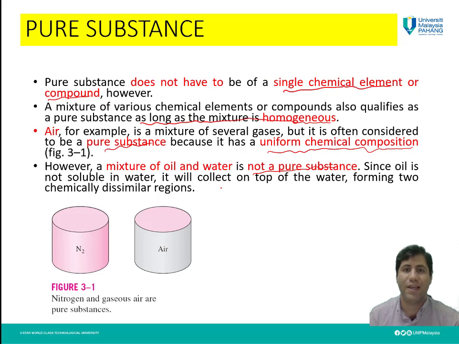Actually, they cannot mix with each other, and we have a border. However, we can call it a mixture, but the chemical composition at different points of this mixture is different. Some part of it is only water, and on top of that is oil. So this mixture is not a pure substance. So you can see the differences between mixtures, which one is a pure substance and which one is not.